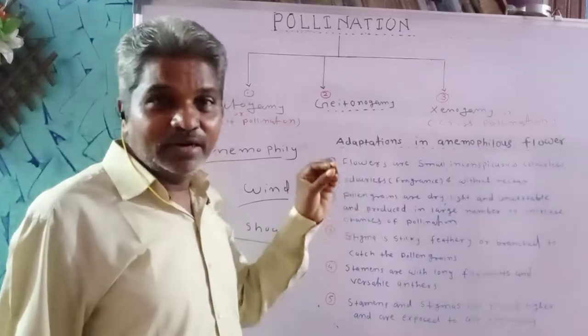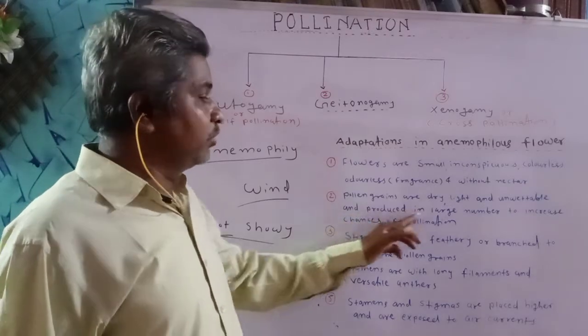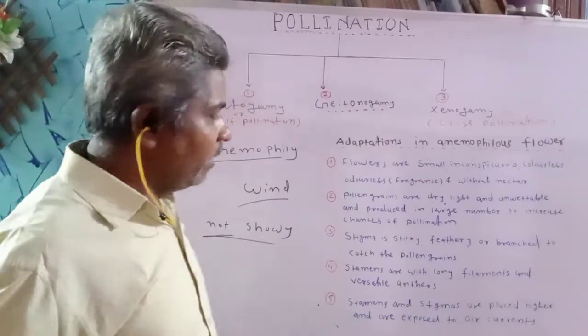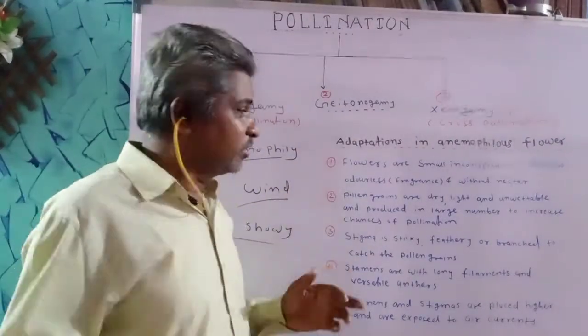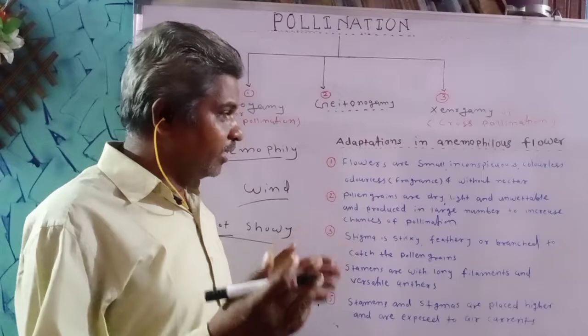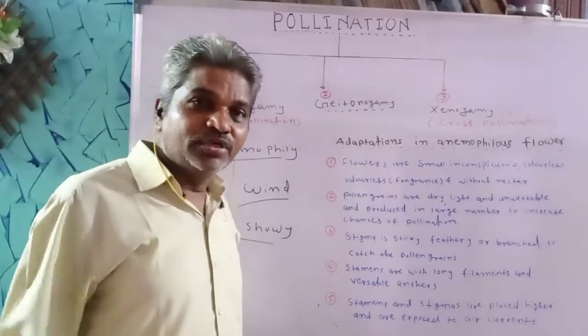They are also produced in large number. Why are pollen grains produced in large number? Because most of these pollen grains are destroyed or wasted during the journey.